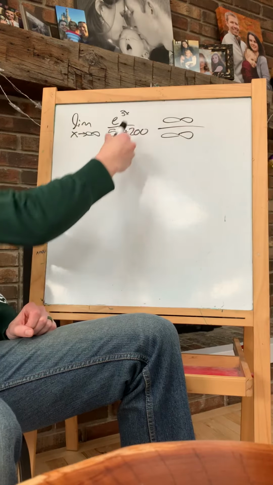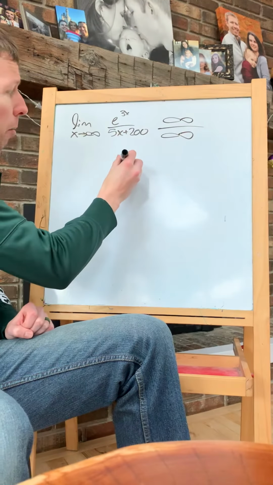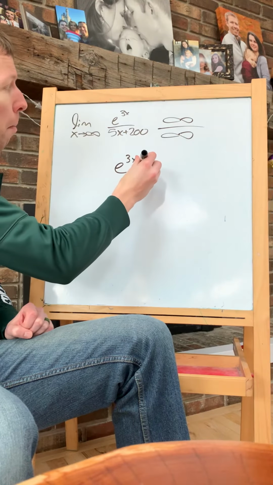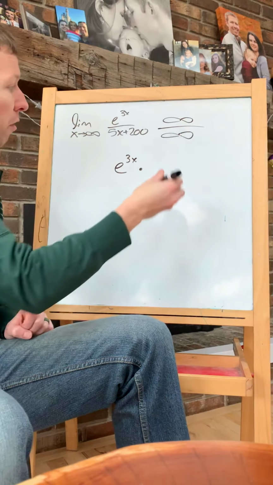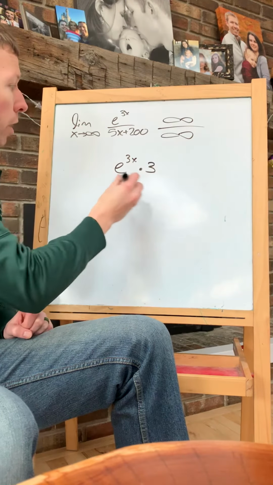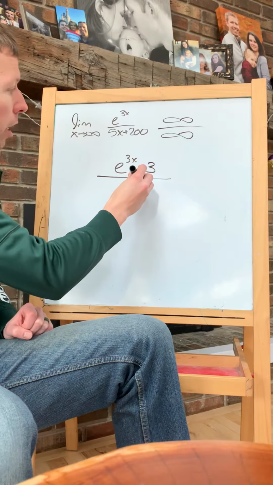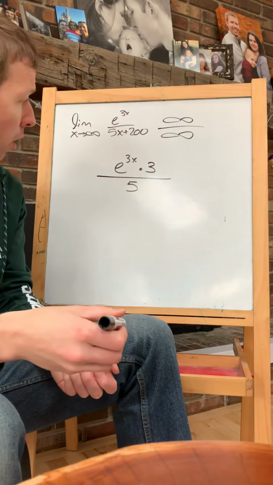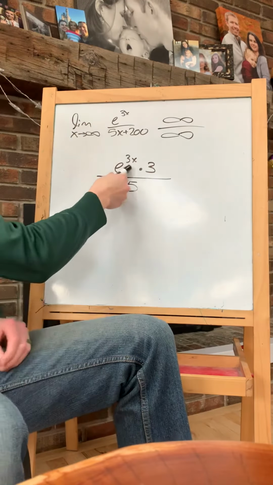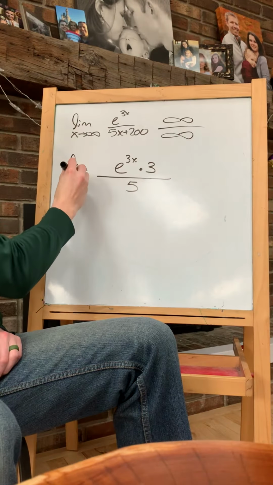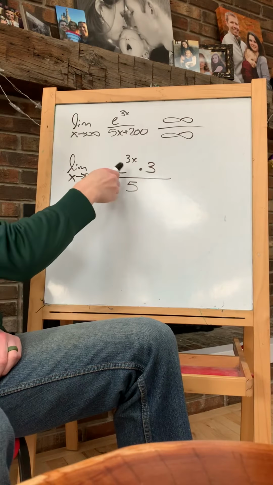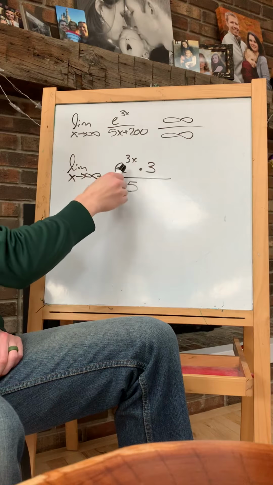So we take the derivative of the top, which is going to become e to the 3x, multiplied by the derivative of the chain, which is going to be 3, and my denominator is going to become just a plain old 5. Well, this number, as x approaches infinity, because remember this is still a limit, is going to still get super, super big.